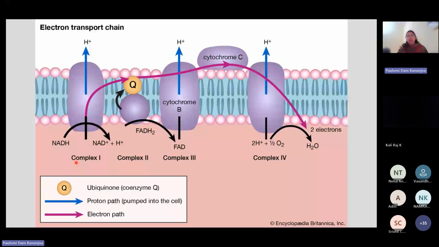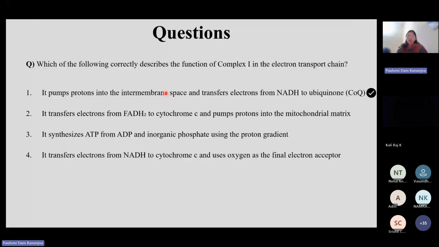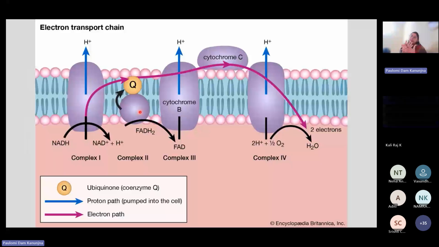So you have NADH, and the question said, if you go back here, the complex one basically pumps proton to the quinone so that it can also accept the electrons. They need an electron acceptor that takes the hydrogen and electrons from them.